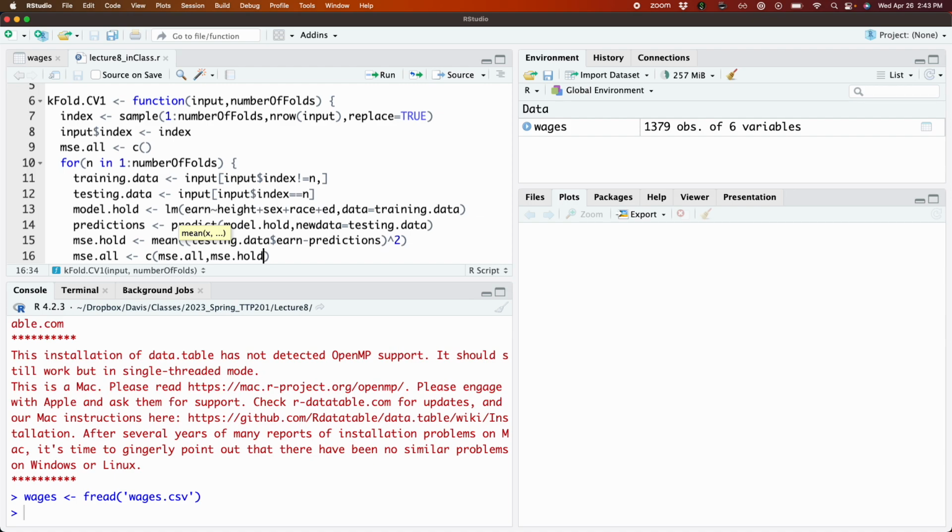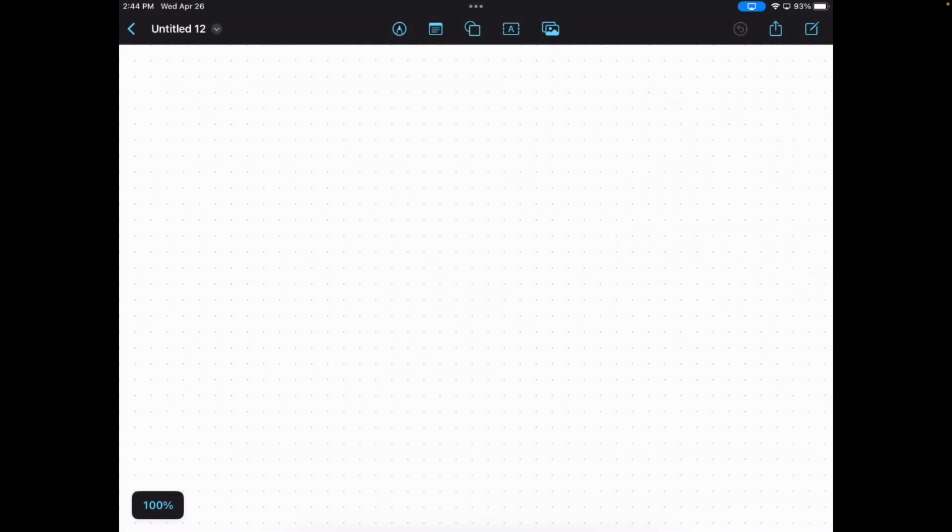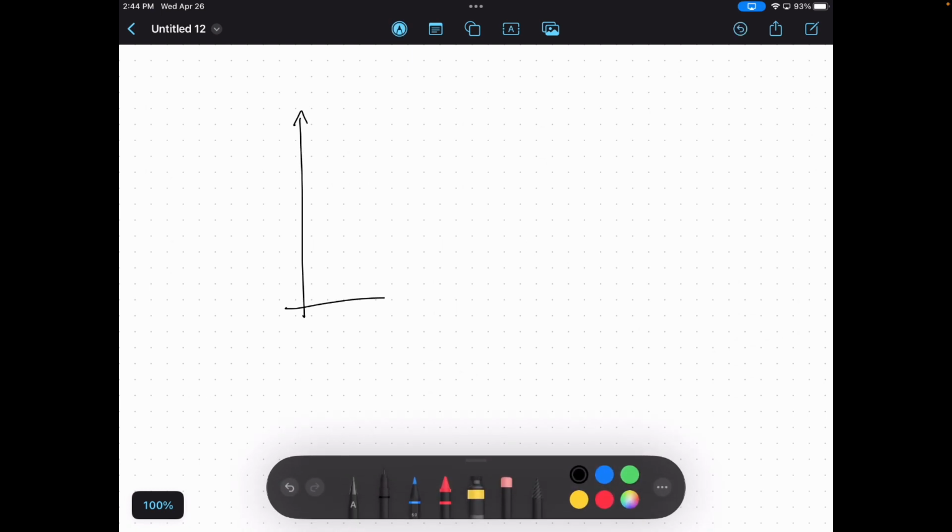Okay? Question. Can you explain the predict function? Yeah. So I wish I could draw on here, but with this setup I can't. So let me do this. The predict function basically does something like this.